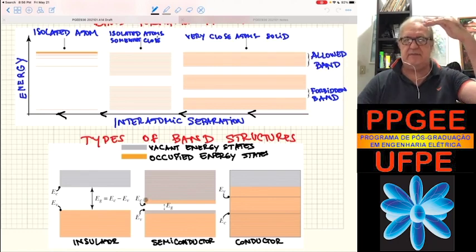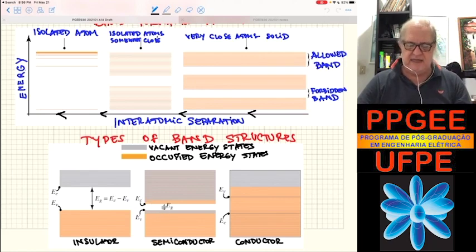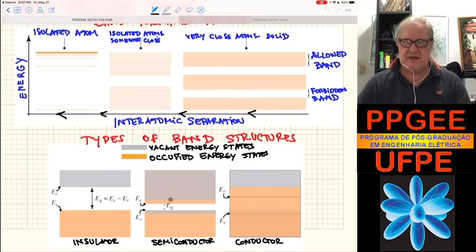As the top of the valence band and the bottom of the conduction band start to get very close, just by thermal excitation some of the carriers can reach the conduction band, and then they are relatively free from the attraction of the nucleus of the atoms, and they can move along the material.